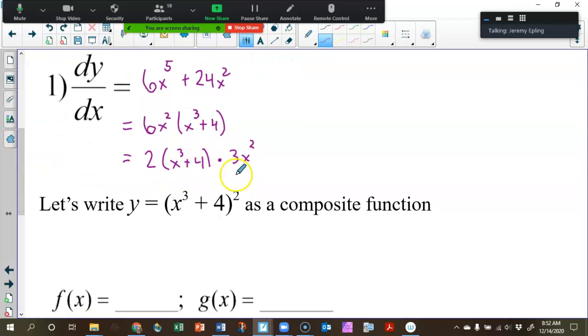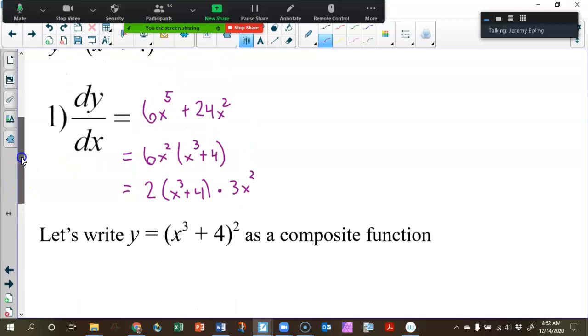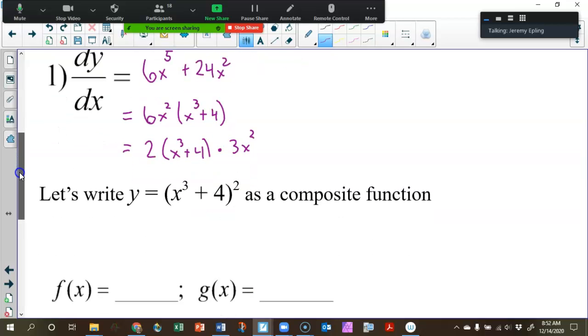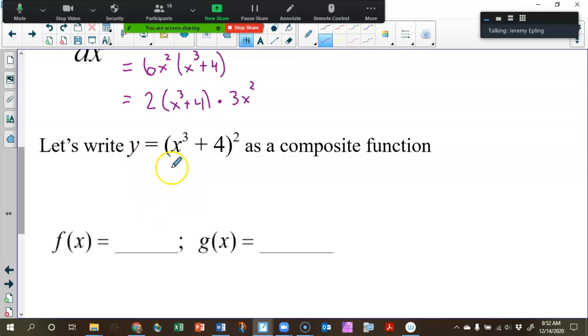Because this exhibits our chain rule. Now, we're going to look at this function as actual function composition, as f of g of x. So in that case, let's think of this as an outside function, something squared, and then our inside function, x cubed plus 4.